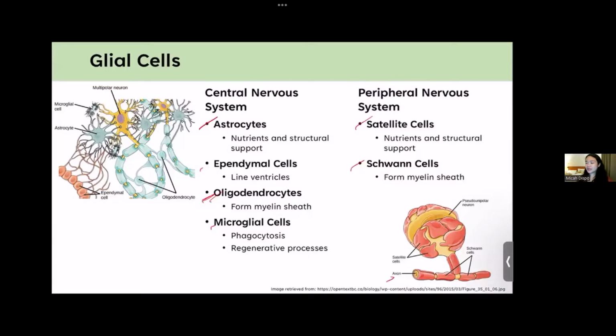Okay. So the cells that form the myelin sheath for the CNS and the PNS are different. So these are the other cells present in our nervous system apart from the neurons.